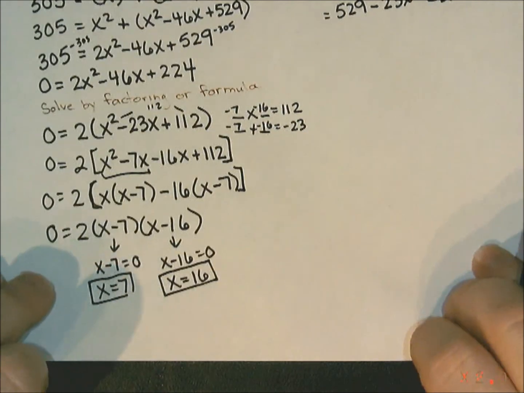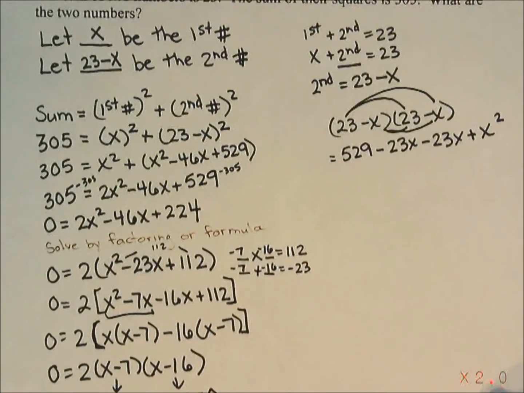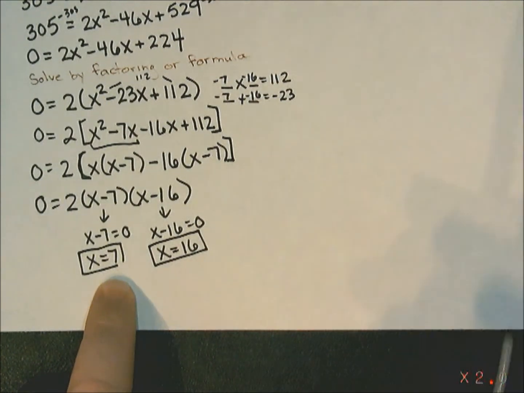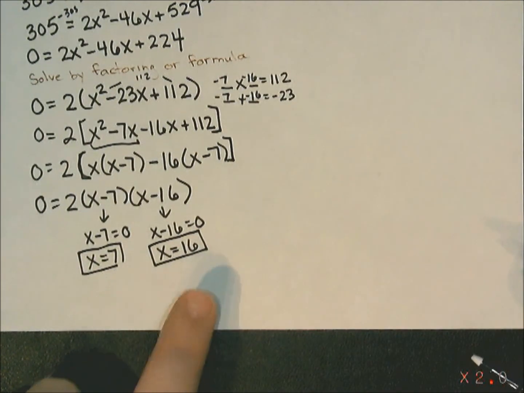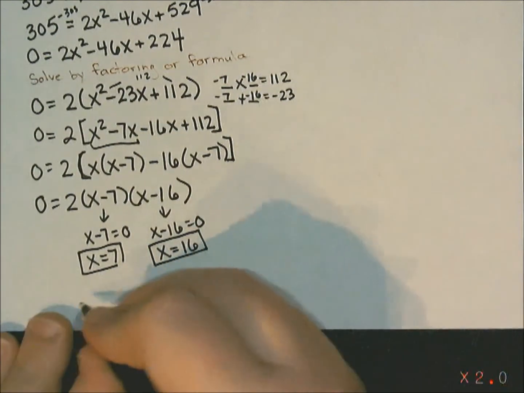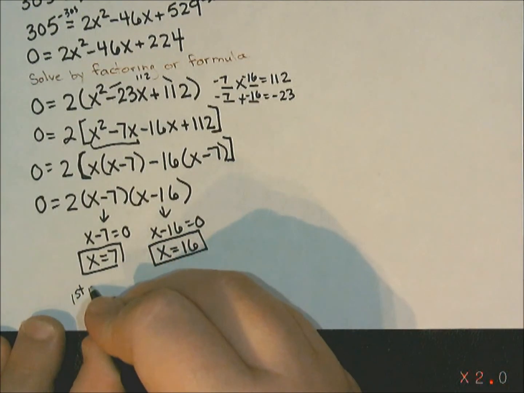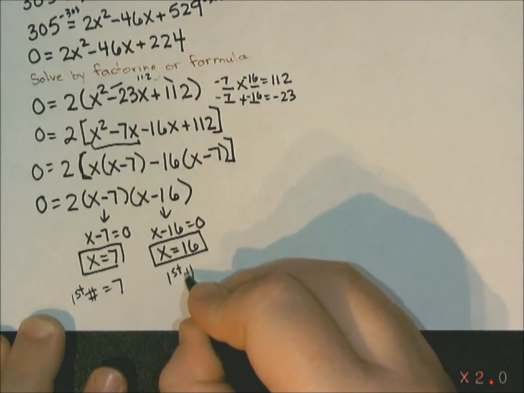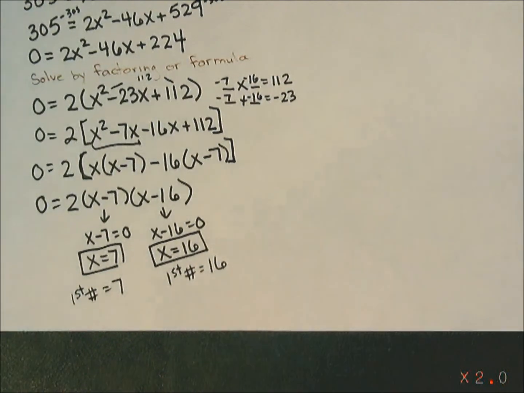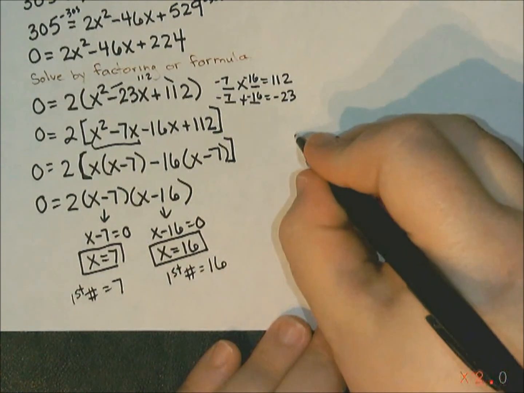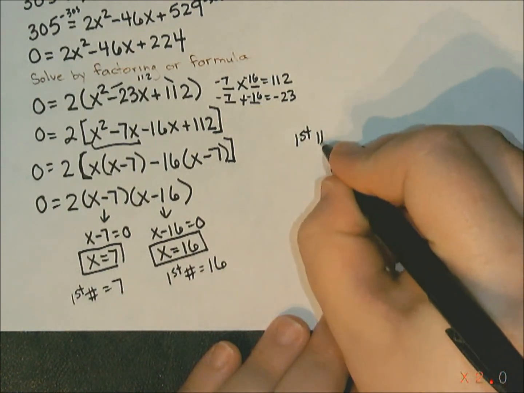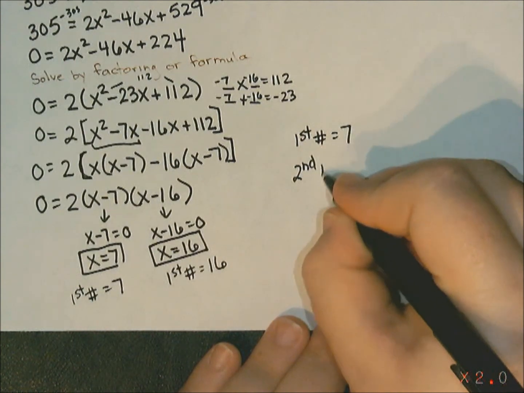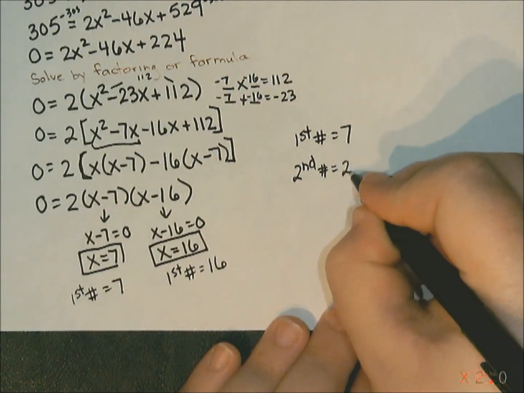We decided that x was going to represent the first number. So that doesn't mean the two numbers are 7 and 16. It means that the first number could be 7 or the first number could be 16. So if the first number is 7, the second number we get by doing 23 minus x.